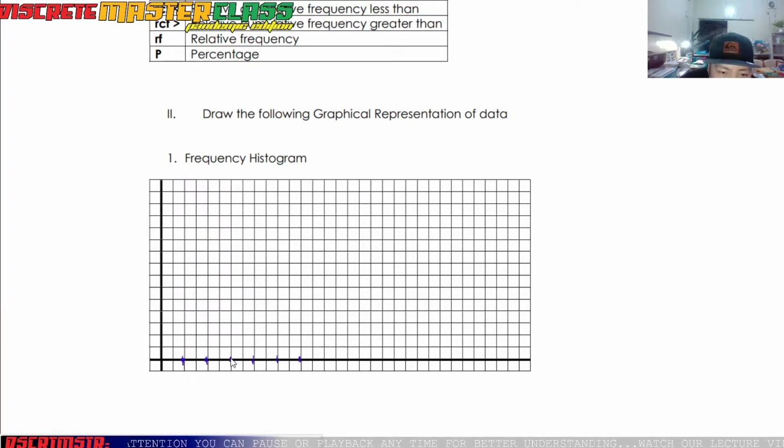Ito mahirap kasi wala akong ruler na dapat diretso. Pero dapat kayo diretso, ha?